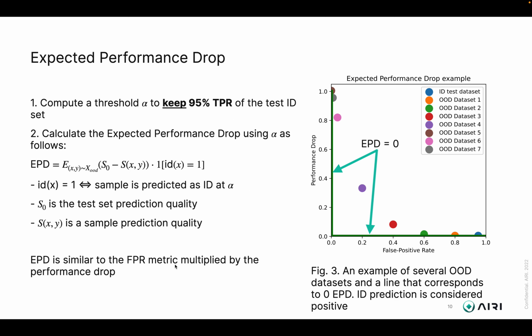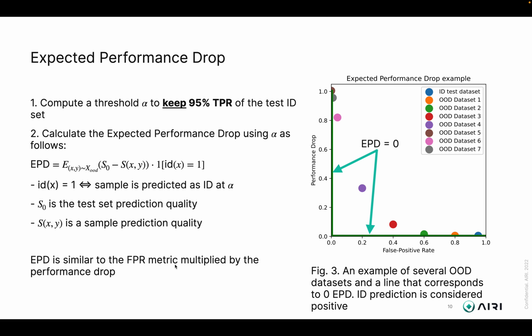To finish our framework, we propose a metric that incorporates those assumptions. It's based on the false positive rate computation, and basically is the performance drop on samples that are predicted as in distribution. To compute it, firstly, we select an out-of-distribution threshold that preserves 95% of the in-distribution data.